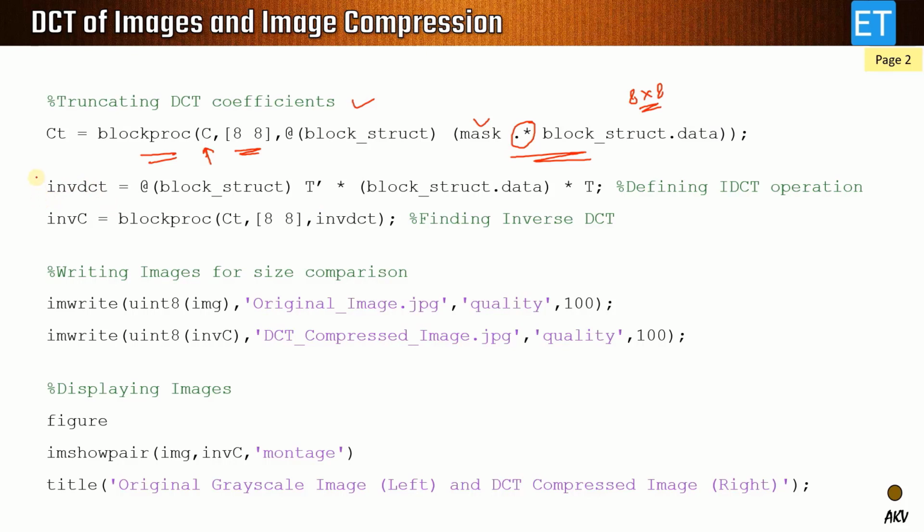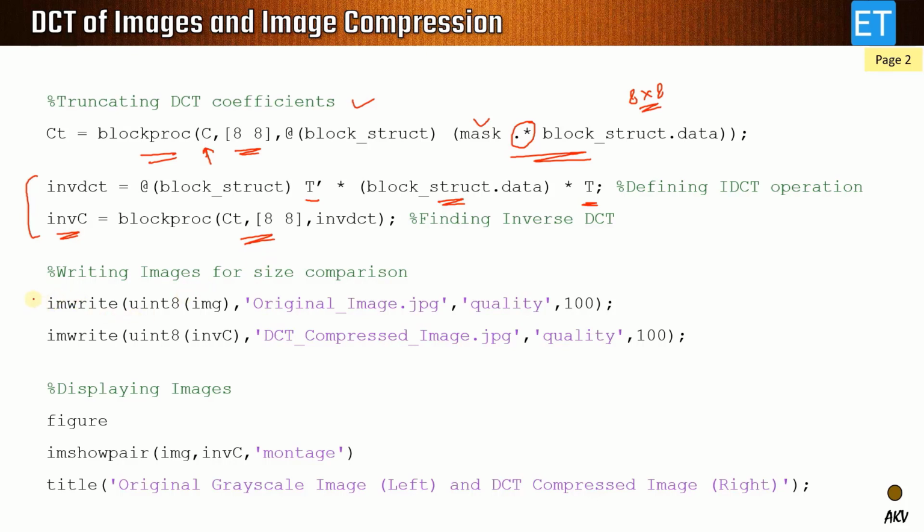So now we have to take the inverse transform. So we are defining the inverse transform again. That is the T transpose, and then the 8 by 8 block, and then the T matrix, and then doing this operation on all blocks of your image. So here in INBC you get your image which is compressed actually by neglecting various high frequency coefficients from the DCT.